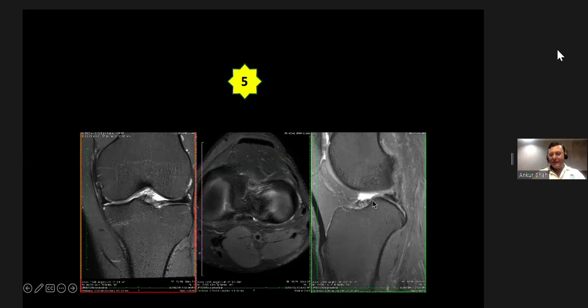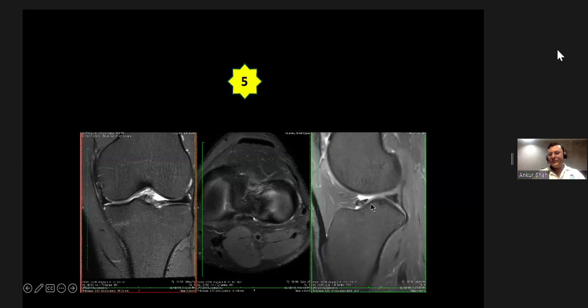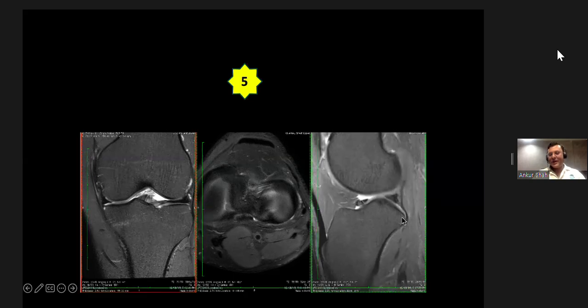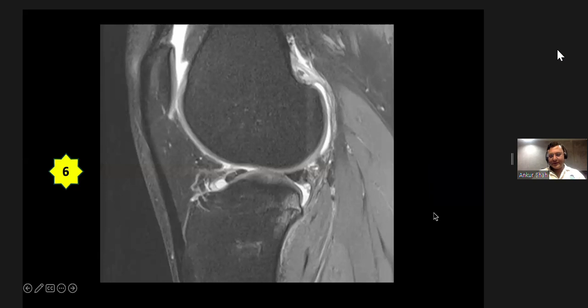So please remember, whenever you see this hyperintensity which is only in the anterior horn of the lateral meniscus, which is not horizontal, but is just like the tendons, like we see the subscapularis tendon, which is a multipinnate tendon, or any of those structures which have multiple fibers inserting in a broad way, that results in such an appearance, and it is not a tear of the meniscus.